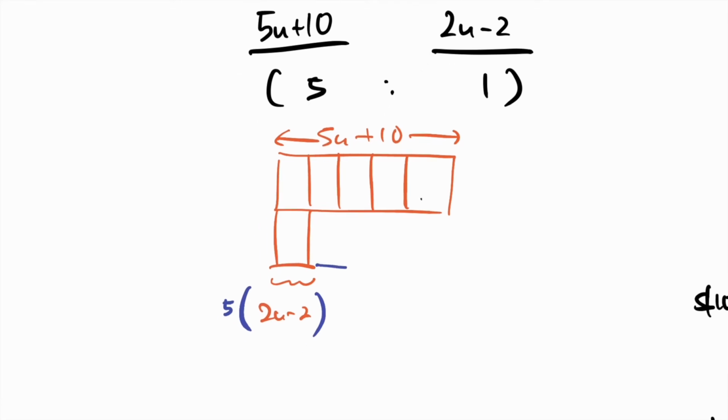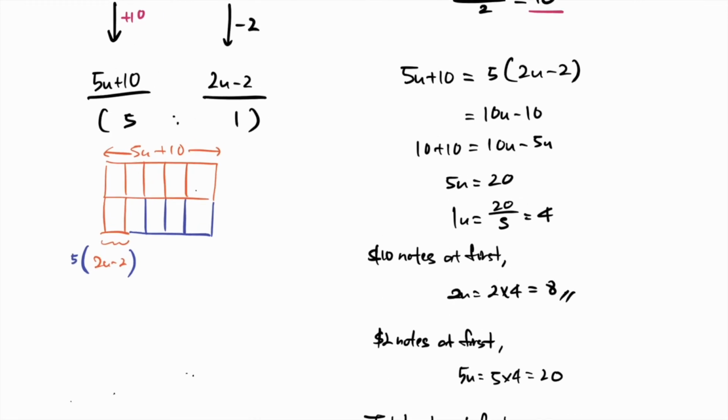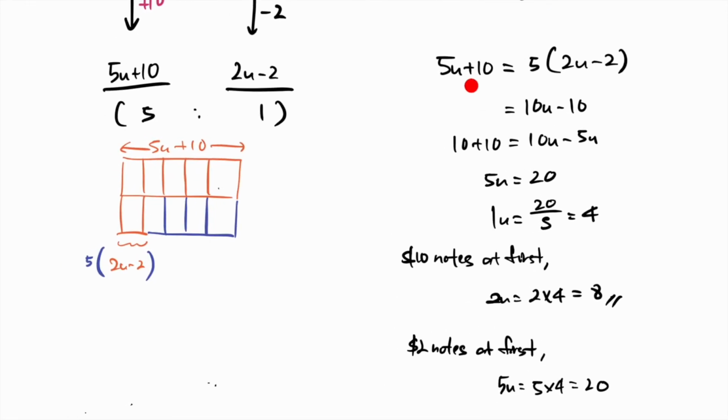Okay, let's pretend we're going to times 5. What happens? They will be the same, correct? If I take this 2U minus 2, if I times 5, it will be exactly the same as 5u plus 10. That is something we can use to form an equation. So 5u plus 10 will be exactly the same when you take 2u minus 2 and multiply it by 5.